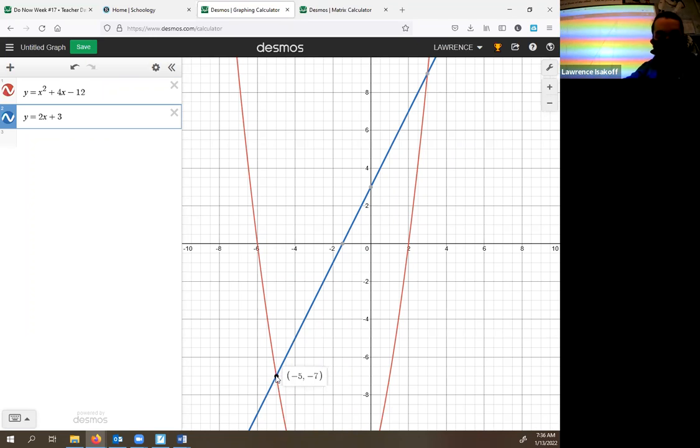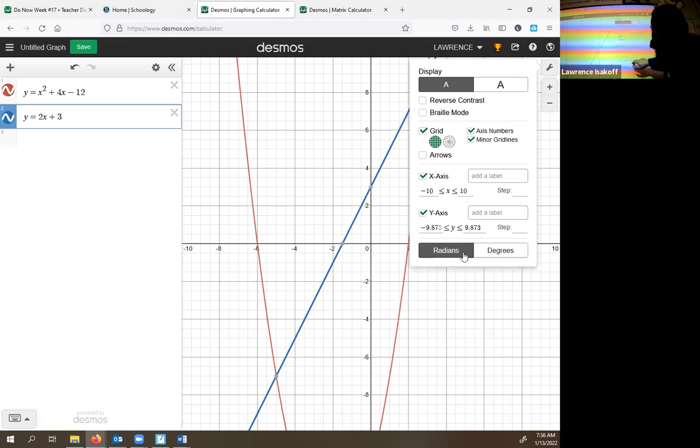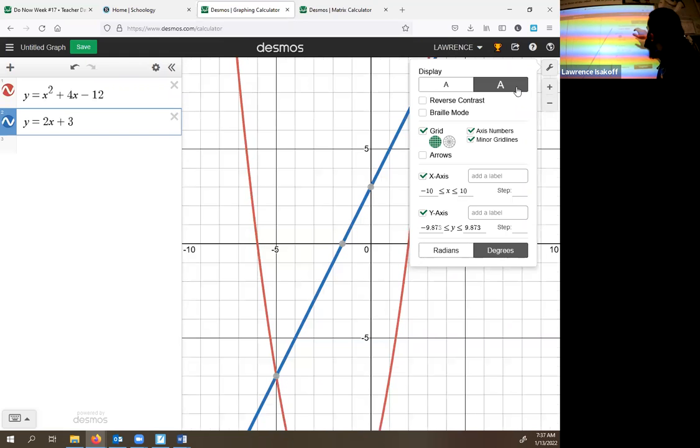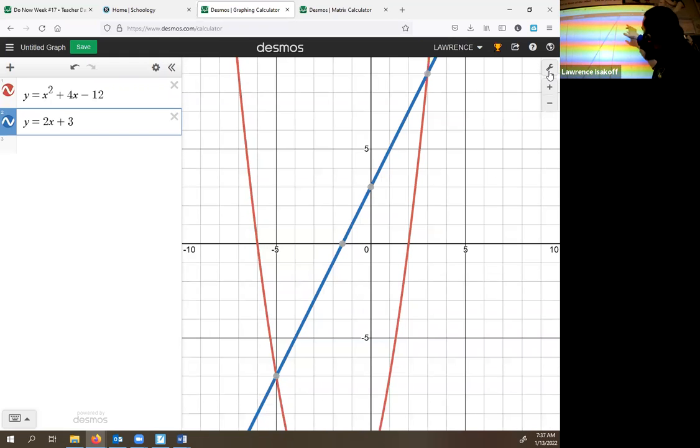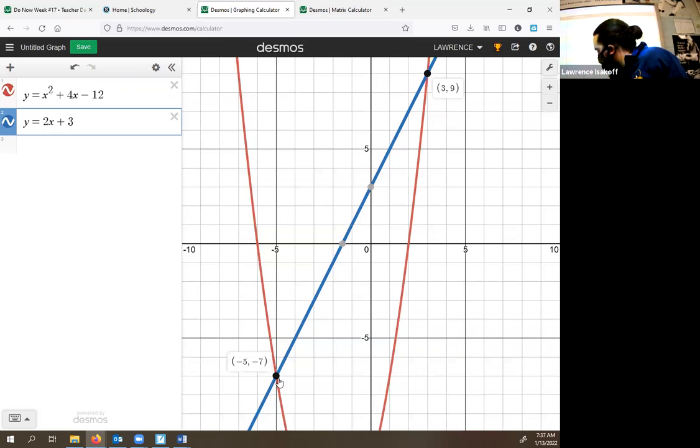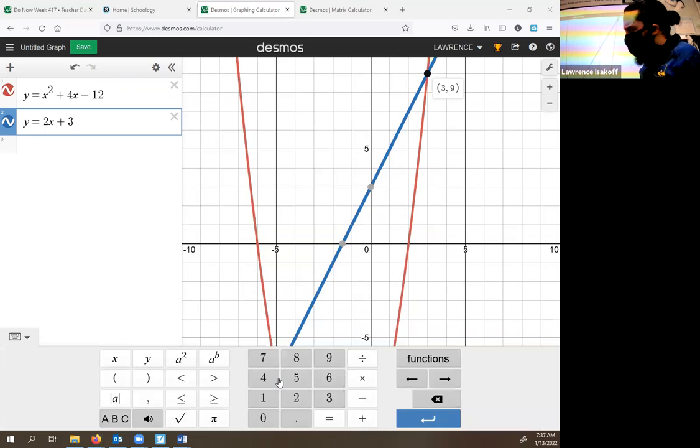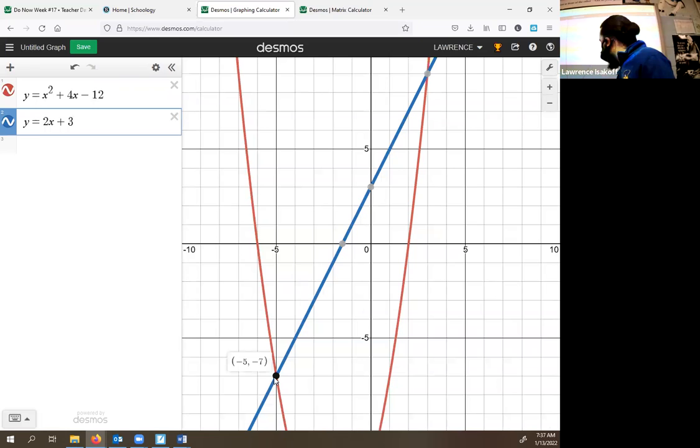Hey, negative 5, negative 7. And they cross up here, 3, comma 9. So let me go projector mode. It's a little bigger for you guys to see. So again, I click on where they cross, and those are the same two answers we just got.